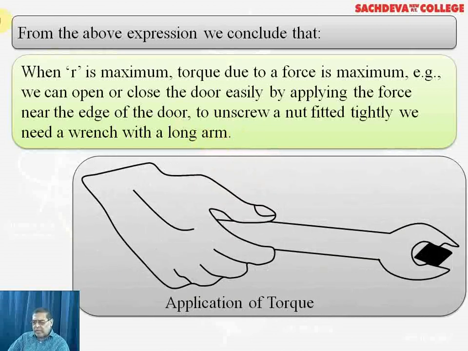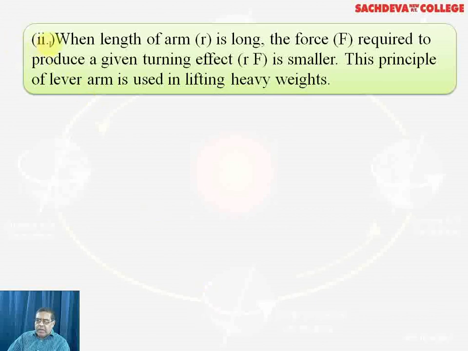Now, as shown in the figure, the wrench is not held near the nut, rather it is held from a long distance. So if the lever arm is long, the force applied will be less. Another thing, when the length of the arm is long, the force required to produce a given turning effect will be very small.